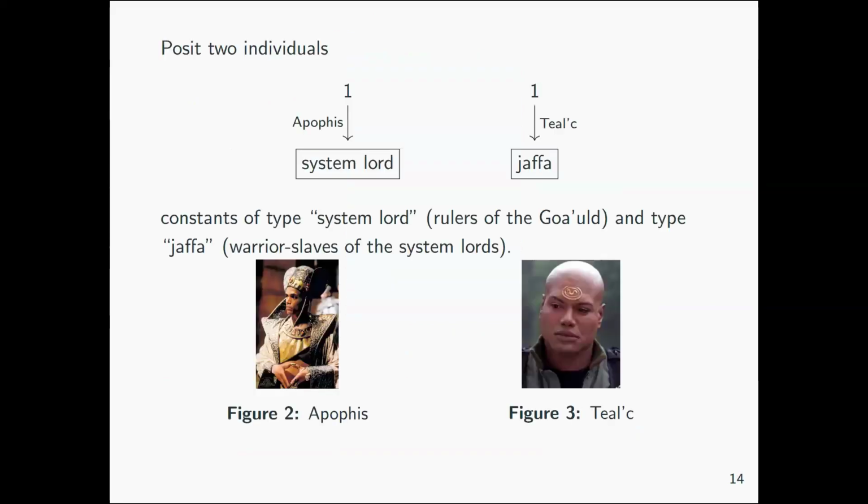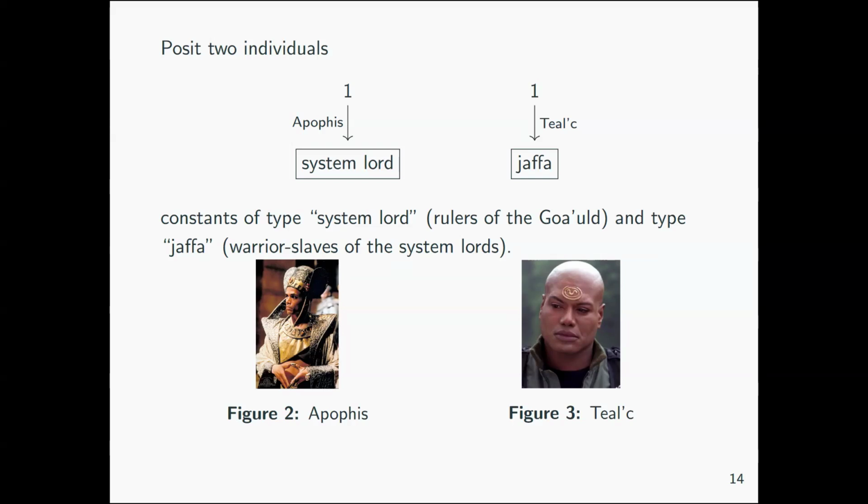First of all, I want to make a point. The first point is that these structures are genuinely more expressive than just the functional or just the relational perspective. So I'm going to posit a concept of system lord and a concept of Jaffa.